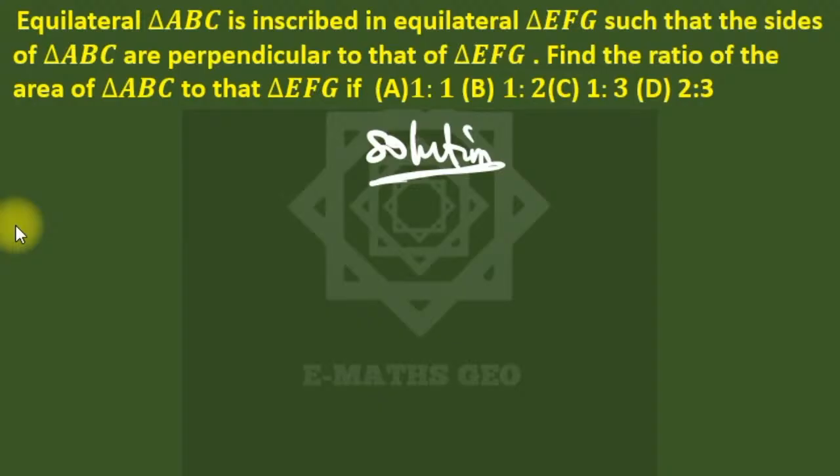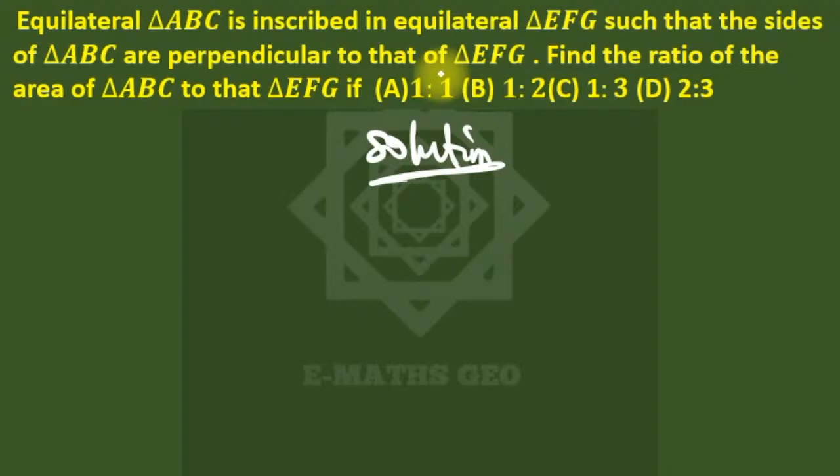Okay, we are given equilateral triangle ABC is inscribed in equilateral triangle EFG such that the sides of triangle ABC are perpendicular to those of triangle EFG.